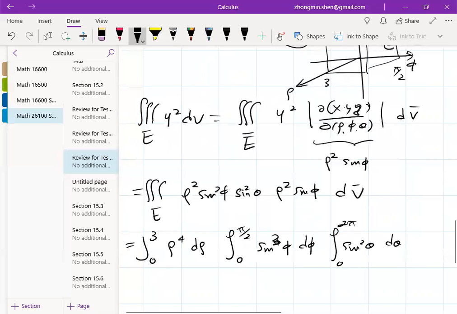So my suggestion to you is to stop here, move on to the next problem, and leave space. You already gained almost all the points. Evaluating these single integrals is material from Math 165, so you may run out of time. I don't want you to lose 10 or 20 points at the end when I collect the exam.